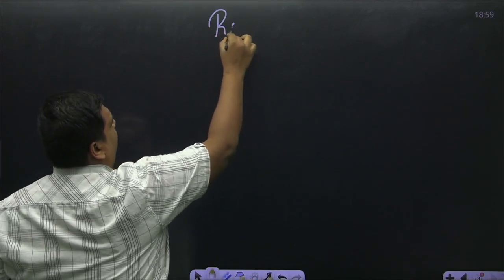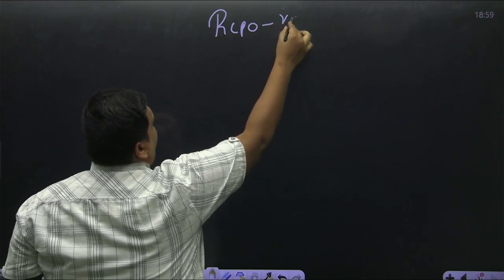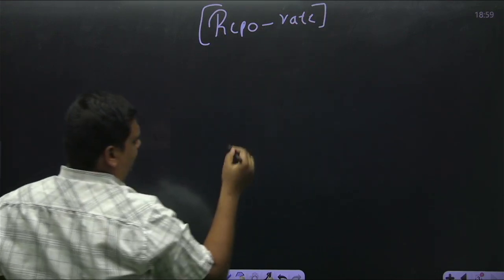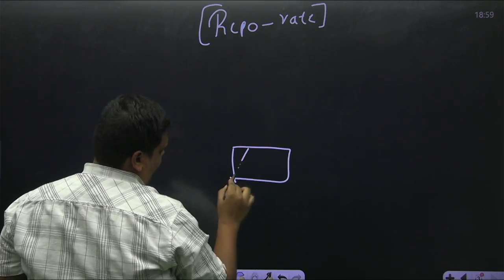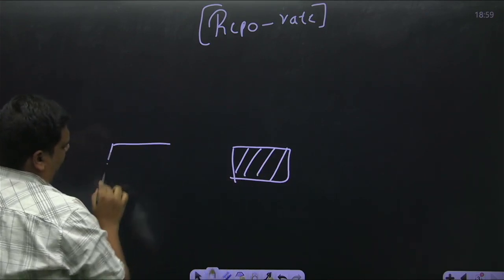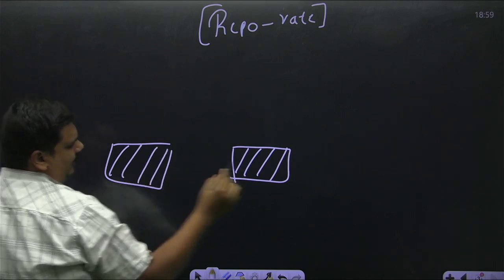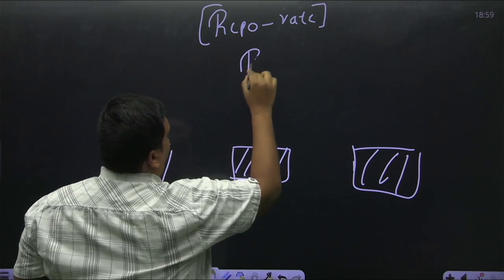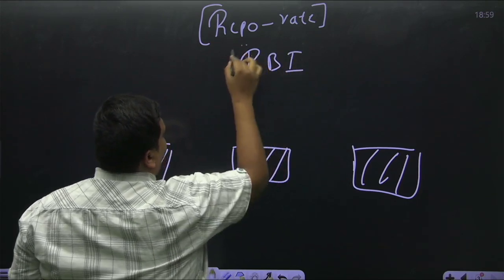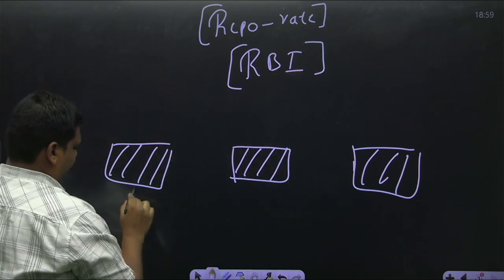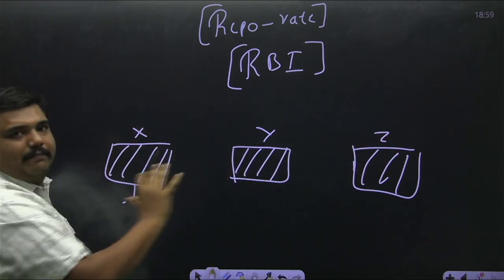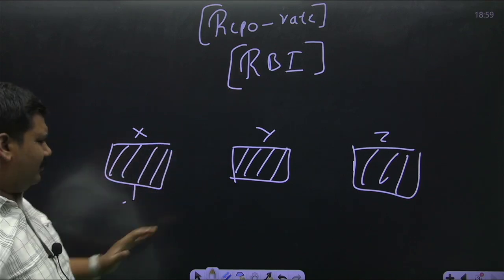Now next is the famous repo rate. See, we have banks and we have the central bank, which is called RBI. Say each bank is X, Y and Z. These are different banks and there is an RBI.